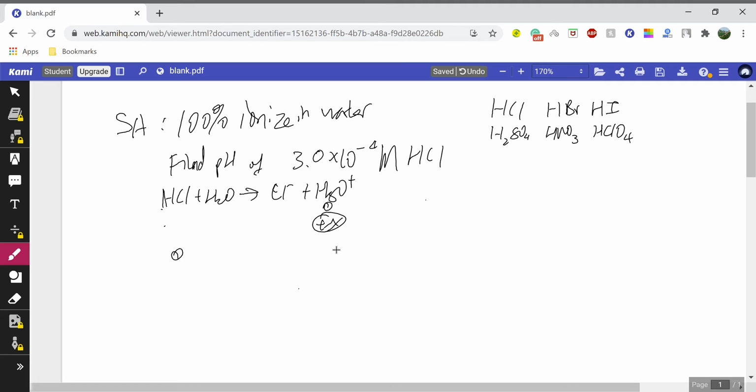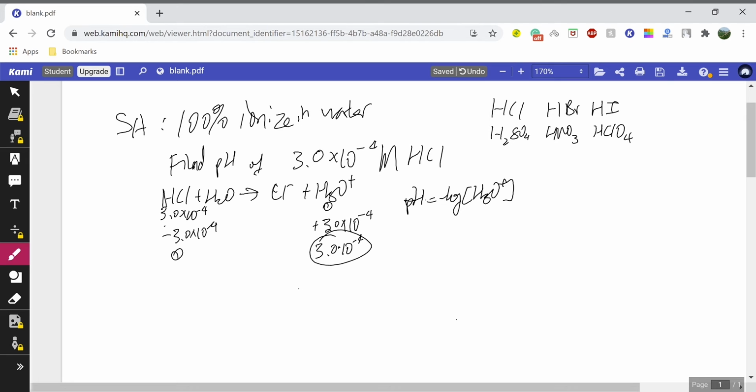Now this number, we start off with 3.0 times 10 to the negative fourth minus 3.0 times 10 to the negative fourth equals 0. So over here plus X, this will be plus 3.0 times 10 to the negative fourth. So our concentration will be 3.0 times 10 to the negative fourth. And our calculation will be pH is equal to the negative log of the concentration of H3O plus.